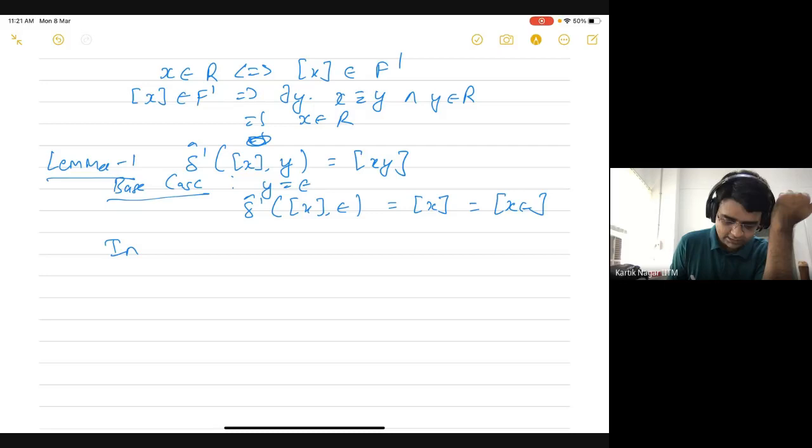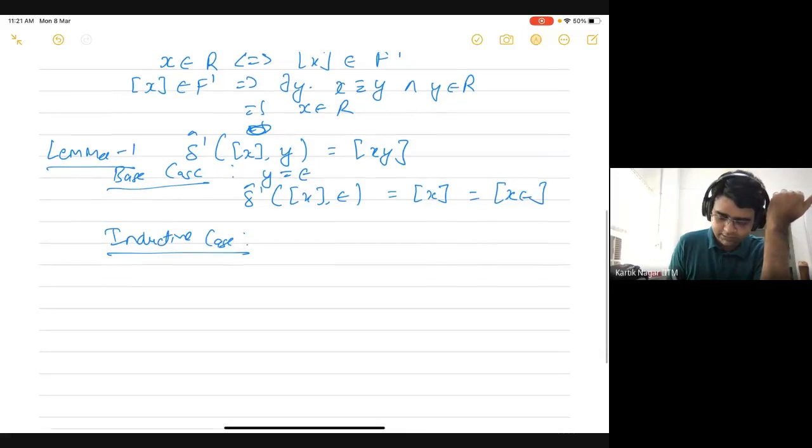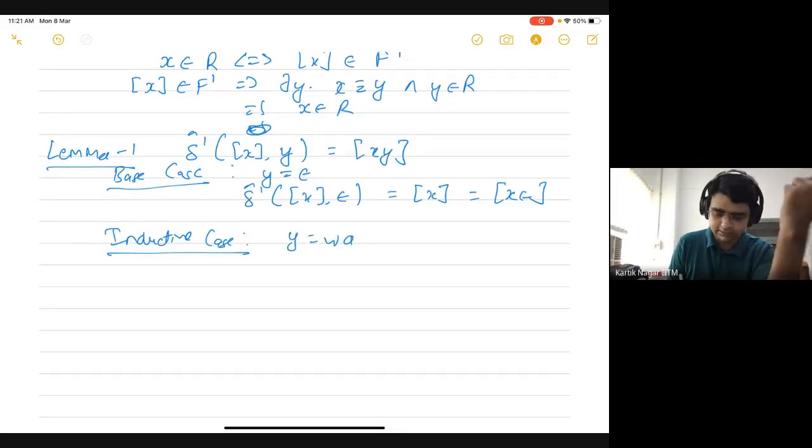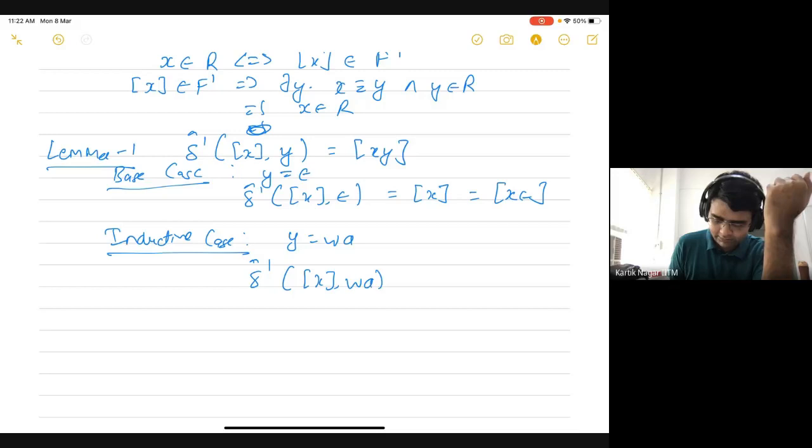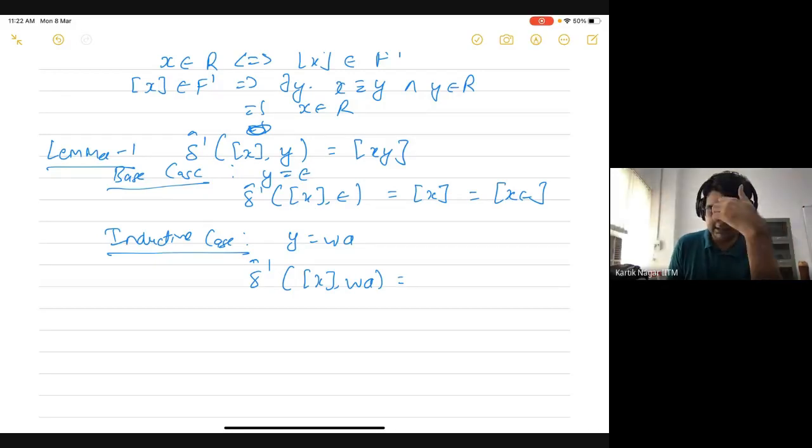And then let's consider the inductive case. Let's say that we consider Y to be equal to WA. So now delta prime hat of X comma WA. Here you apply the definition of the extended transition function.